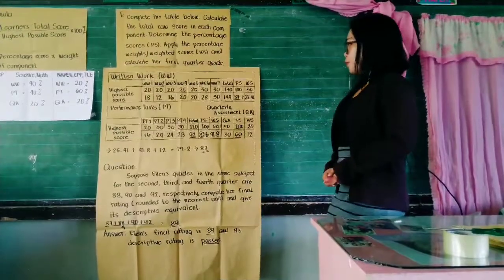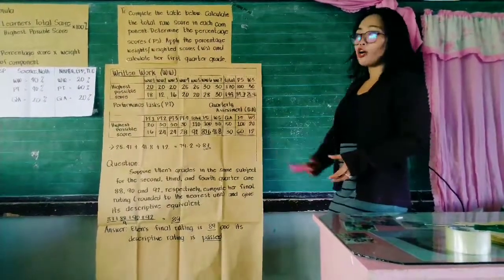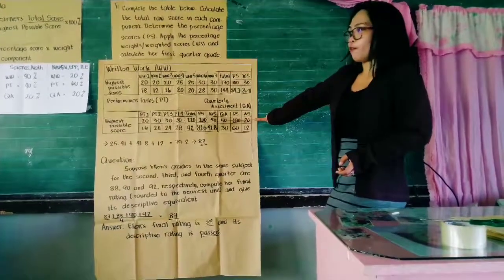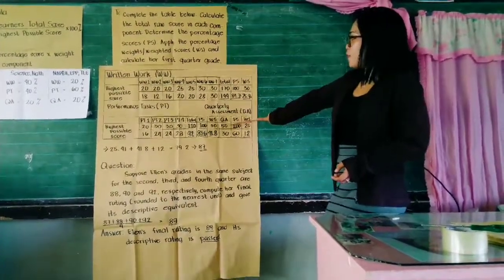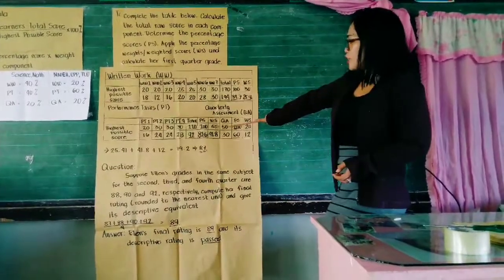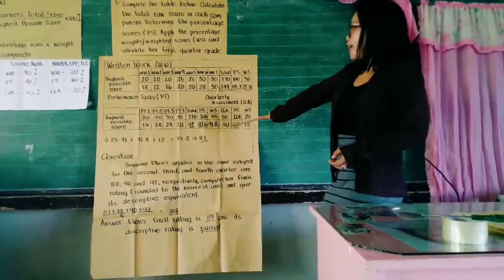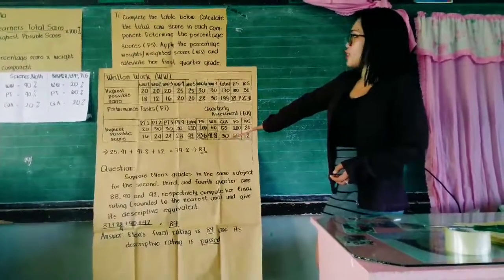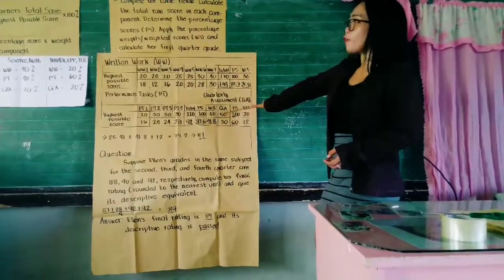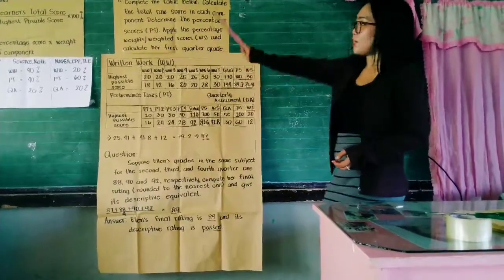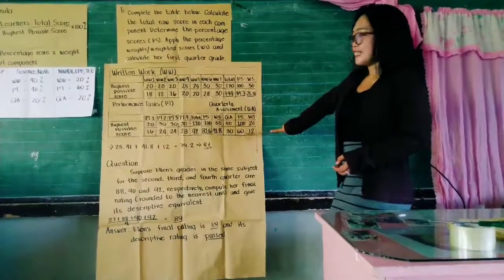Now we will go into computing the quarterly assessment of Ellen Ramsey. Then, the highest possible score in Araling Panlipunan quarterly assessment is 50. But her score is only 30. Then, to compute the PS, 30, which is the learner's total score, over 50, the highest possible score, times 100, that is given in the formula, equals 60.